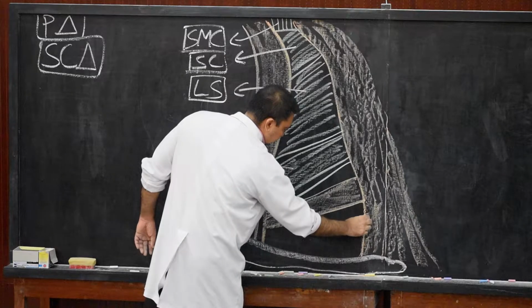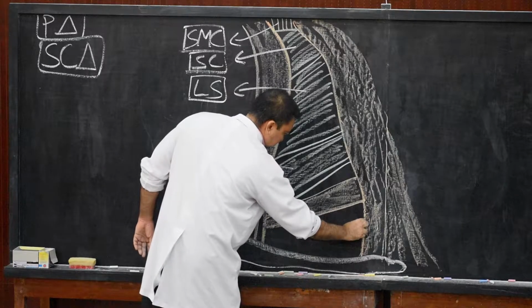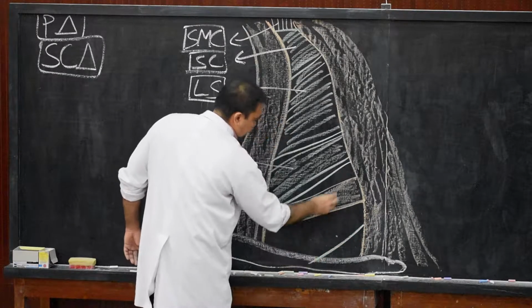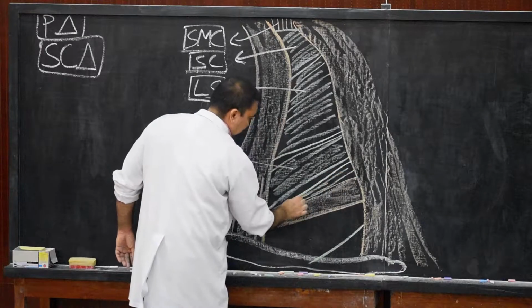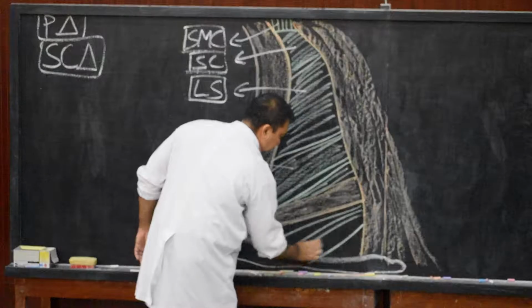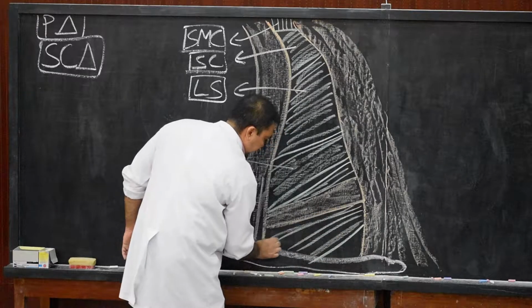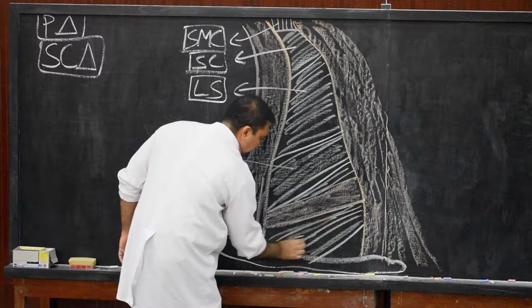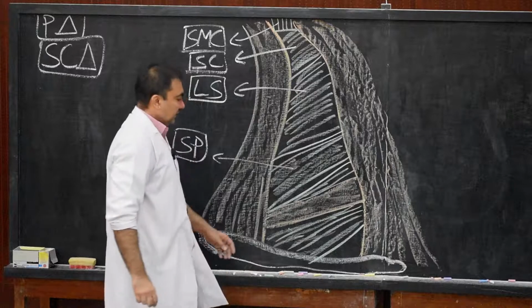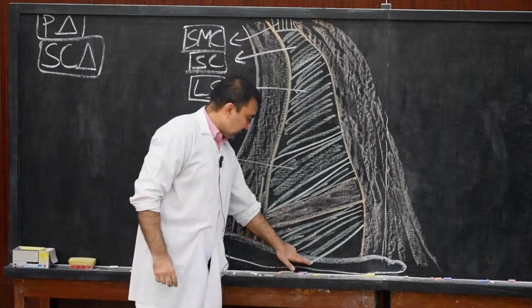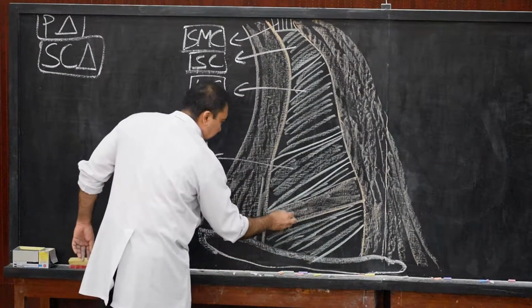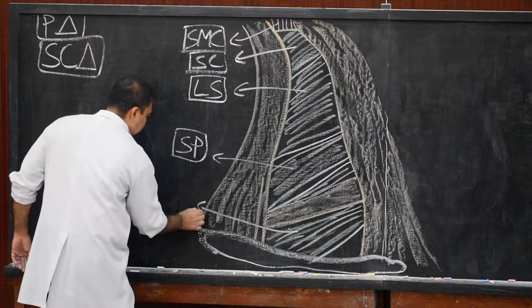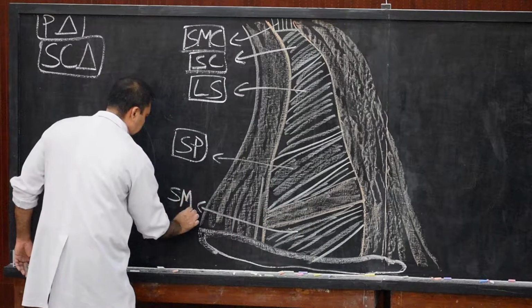So scalenus medius will come at this point. We are going to show this entire fibers as scalenus medius. The scalenus medius is the main muscle which is present as a floor in supraclavicular triangle. So therefore, here we are going to write down this muscle as scalenus medius.